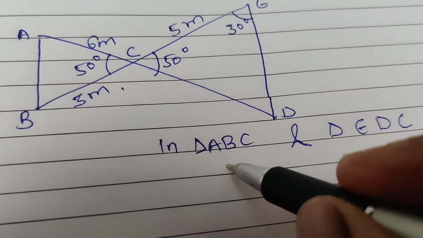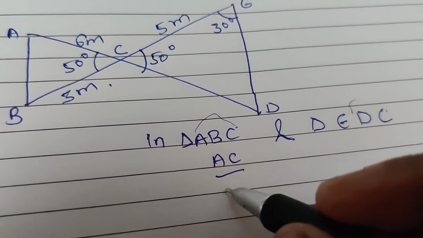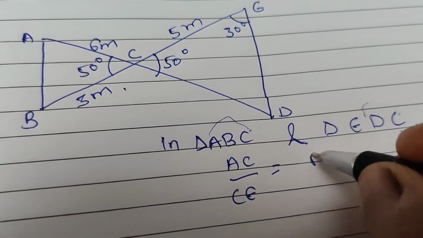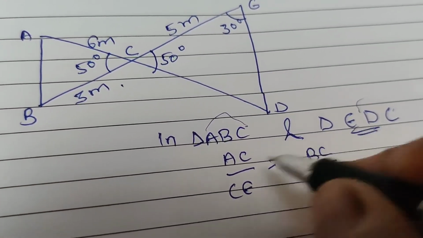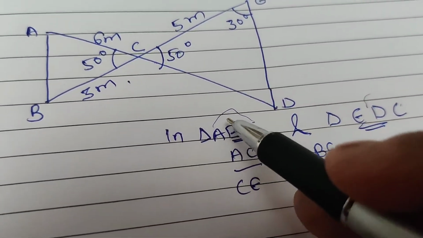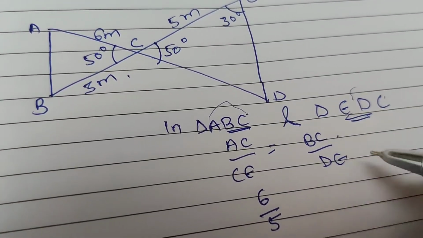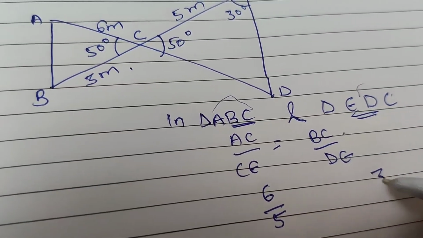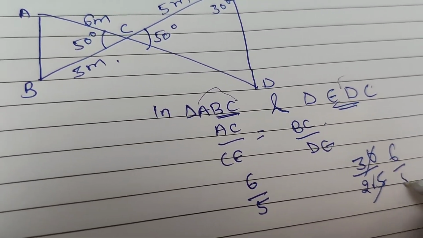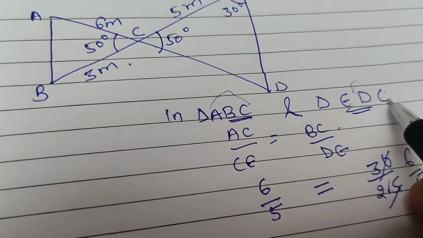Now AC upon CE, the ratio of AC upon CE, and given BC, it means BC by DE. These two, BC upon DE. Now AC upon CE is 6 by 5, and BC upon DE, the ratio is also 6 by 5. These two ratios are similar. It means ABC is similar to EDC.